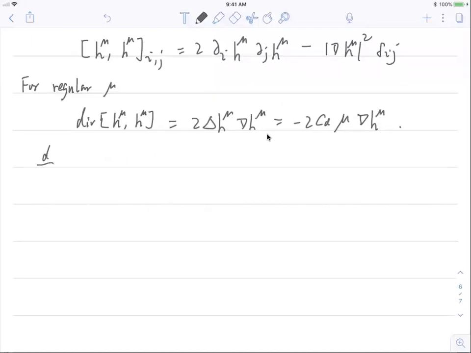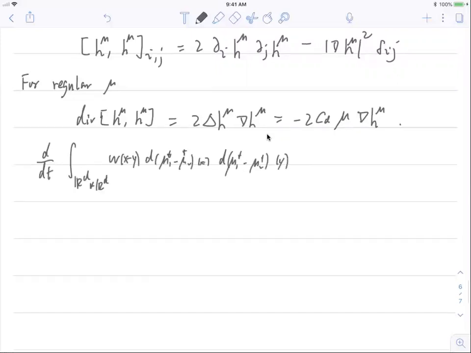There's a d over dt of the quantity omega x minus y, d mu1 t minus mu2 t x d mu1 t minus mu2 t y. So this quantity, as I said, equals to the following.